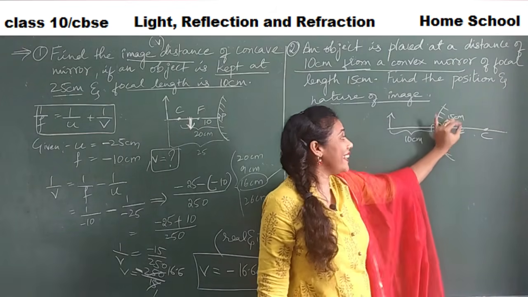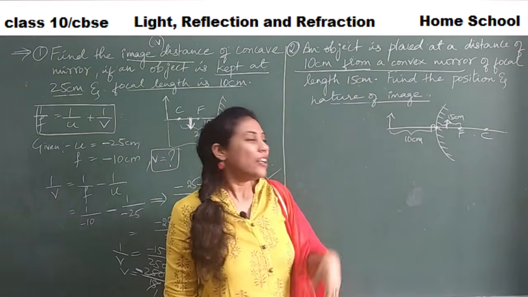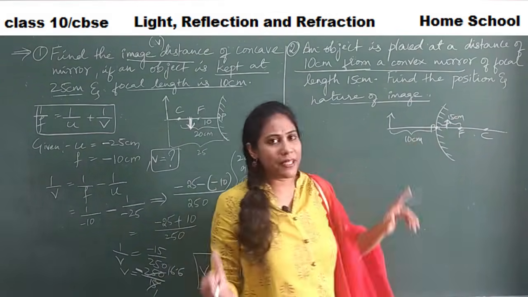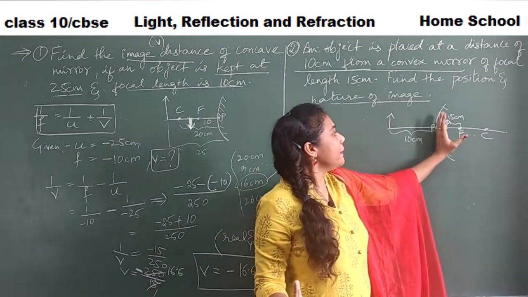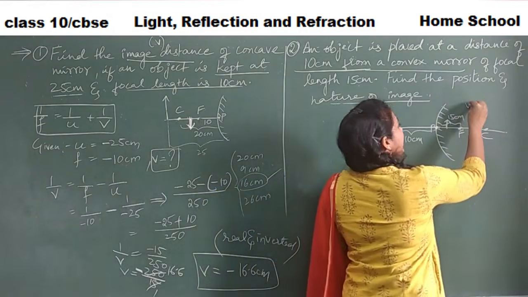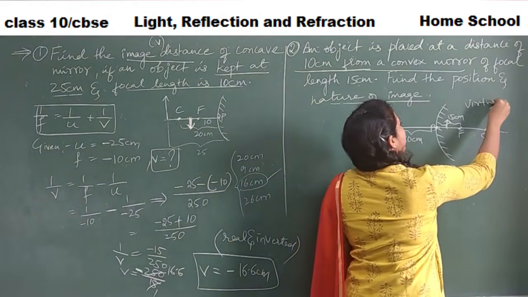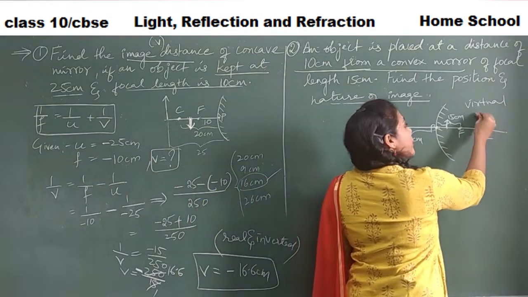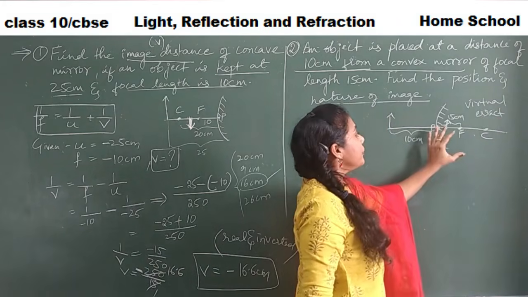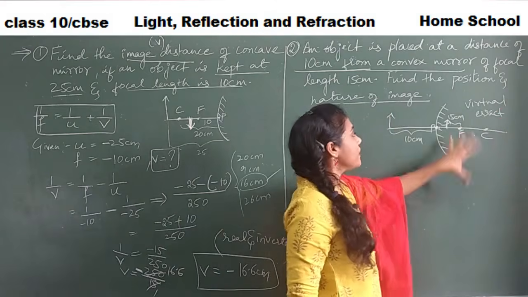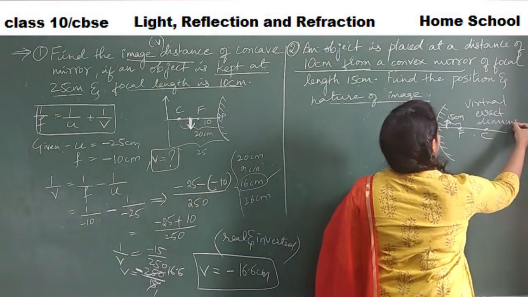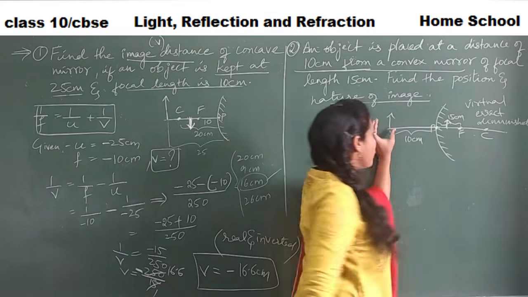Okay, let us calculate exactly. You got the nature of image, right? Definitely the image is obtained behind the mirror, in the sense the image is virtual here. Virtual images are always erect. And in case of convex mirror, the image is always diminished. That means you will get a very small image.